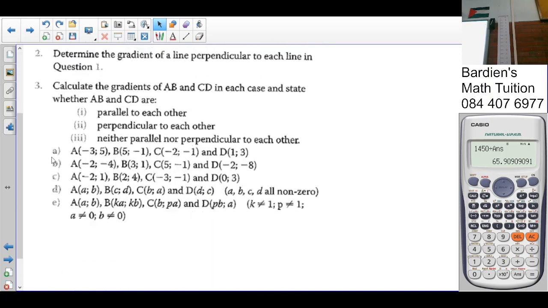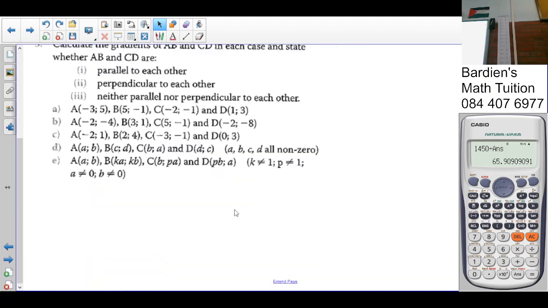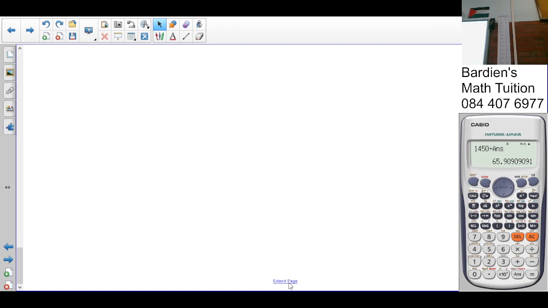Then we went on to 11.4. Correct? What needed to be done out of 11.4?